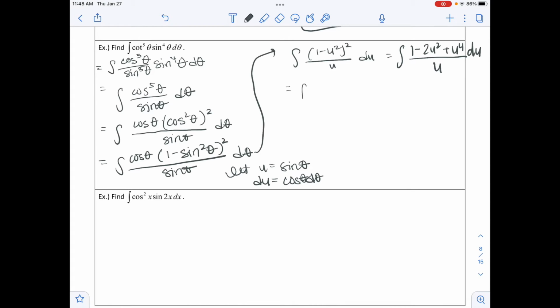And then from here we're going to have the integral of 1 over u minus 2u plus u to the third.